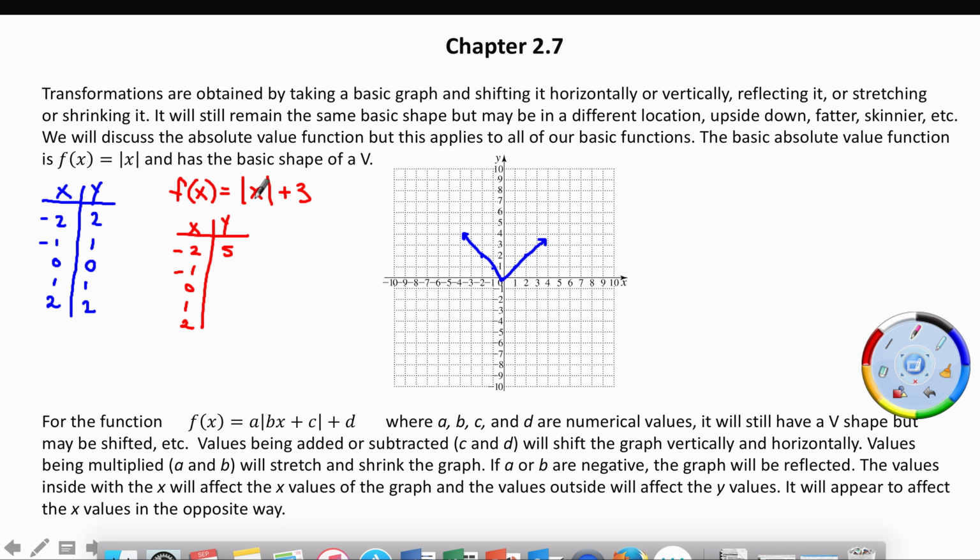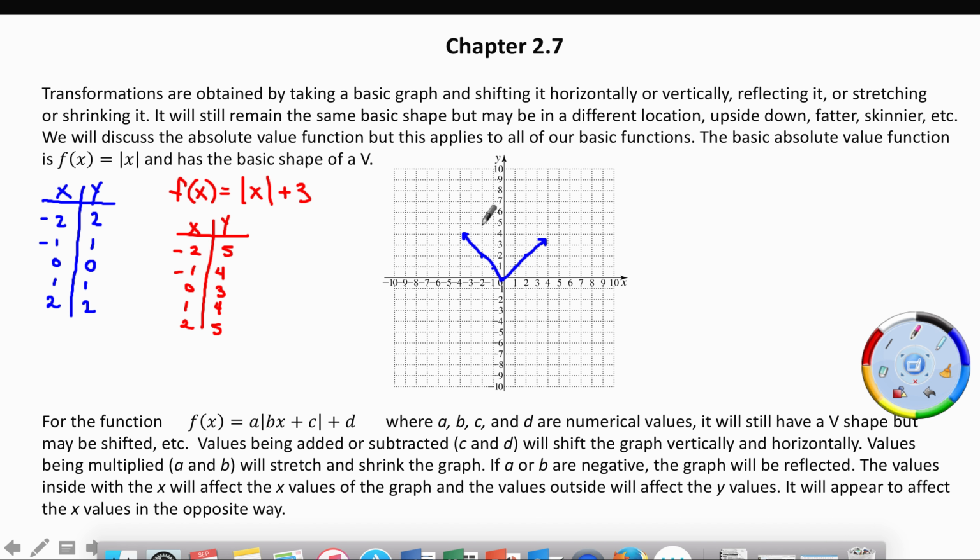Absolute value of -1 is 1 plus 3 is 4. Absolute value of 0 is 0 plus 3 is 3. Absolute value of 1 is 1 plus 3 is 4. Absolute value of 2 is 2 plus 3 is 5. So I can plot these points.